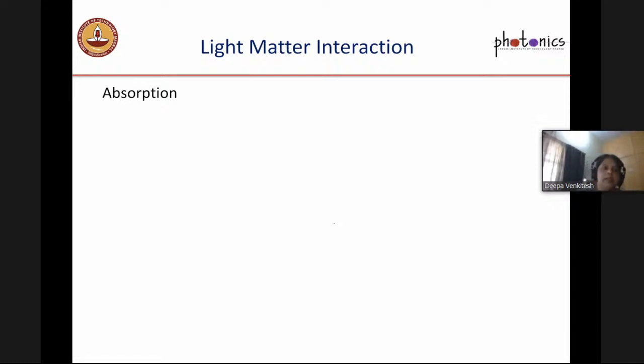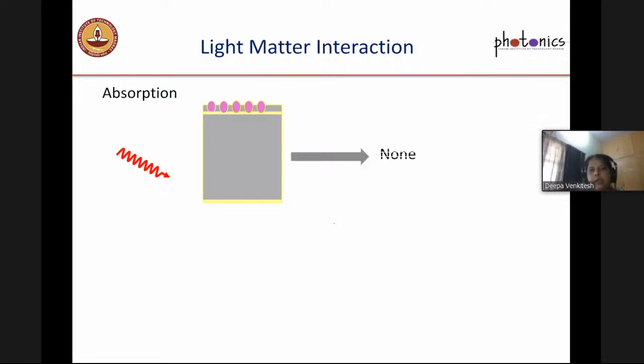The first process is absorption, where you excite the system with photons. It will result in the absorption by atoms, electrons, ions, depending on what system you're considering, that would get into the excited state, and you typically don't have any emission of light. This is just absorption that happens in the system.